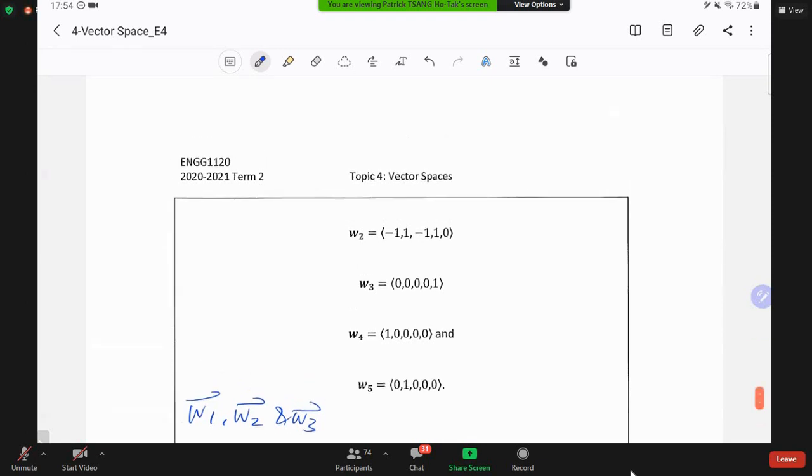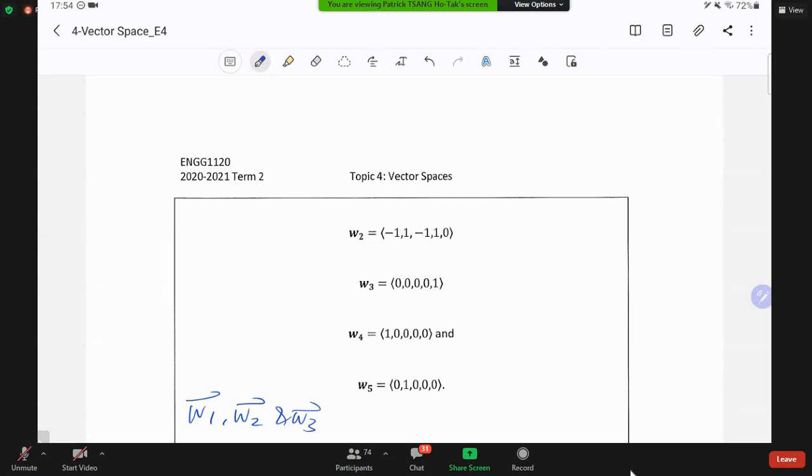Because when you get back to our target, we want to find a set which is called an orthogonal basis, right? So if we can single out some vectors that are already in an orthogonal set, this is already a part of the orthogonal basis.